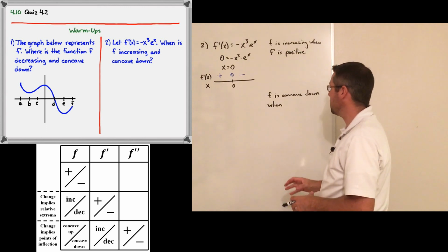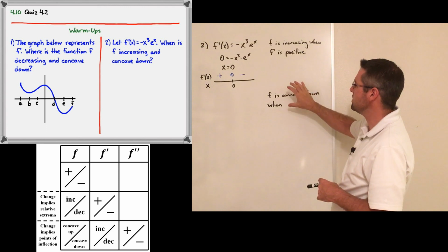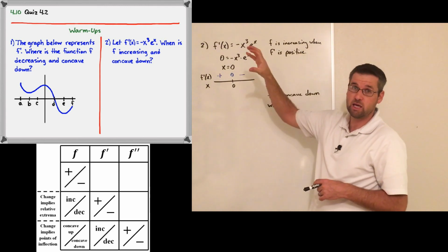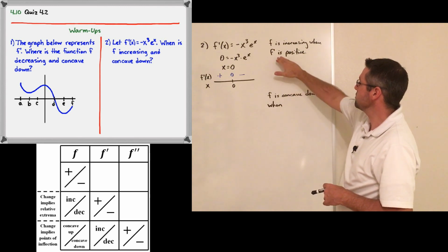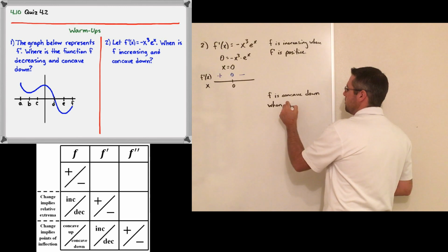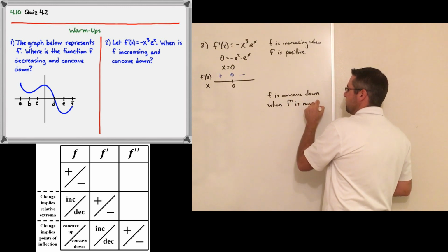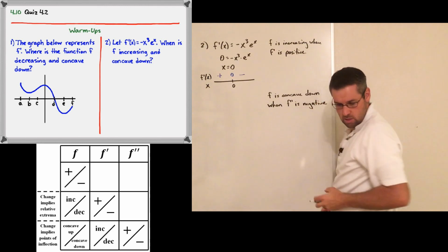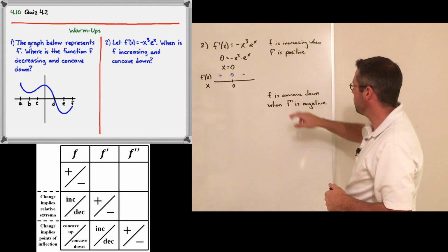You can see that in the chart. The problem is we can't observe when a function is increasing or decreasing just by looking at the function itself. You have to get to a place where you're dealing with positive and negative values. So f is concave down when f double prime is negative. So we have to get to the f double prime graph.